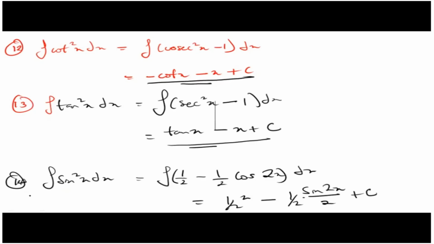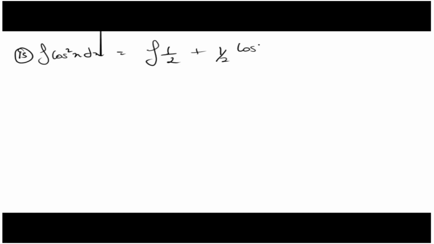Then if you are supposed to integrate the last one, cos squared x dx, you apply your identity. Your identity is what? Half plus half cos 2x dx. So this is also what?